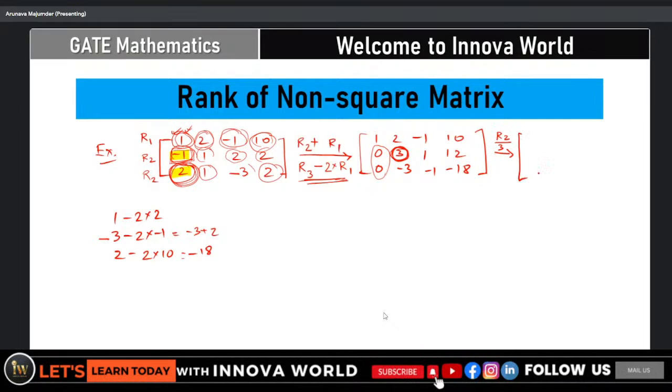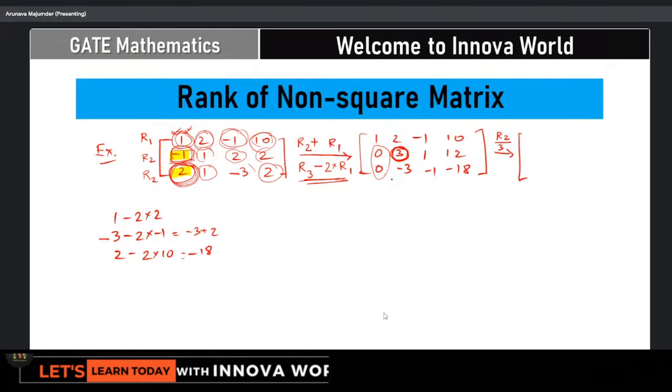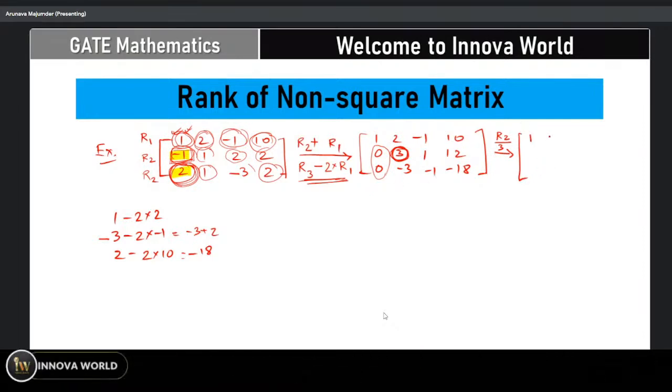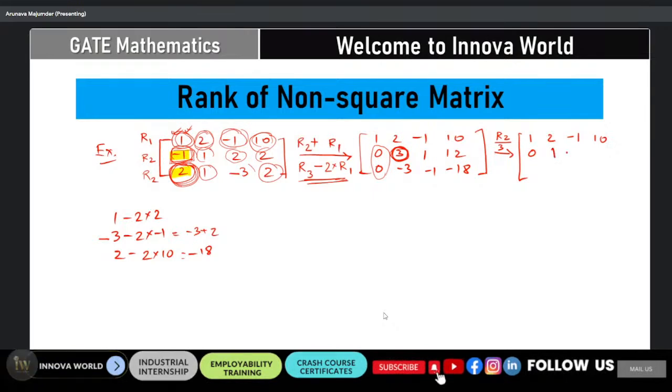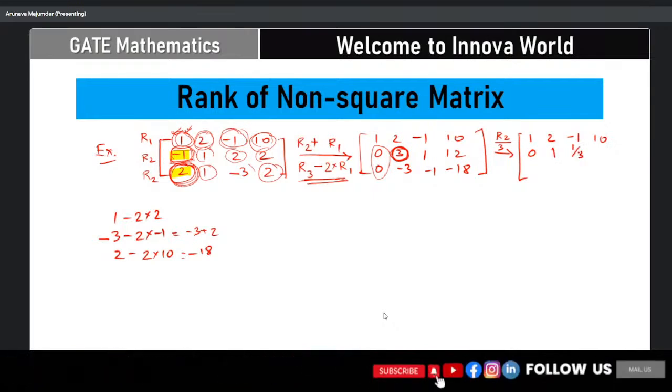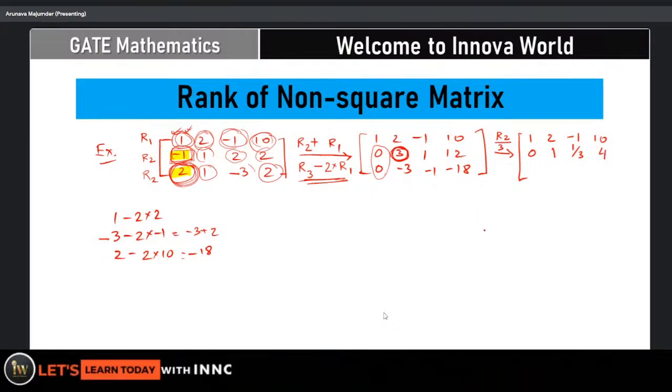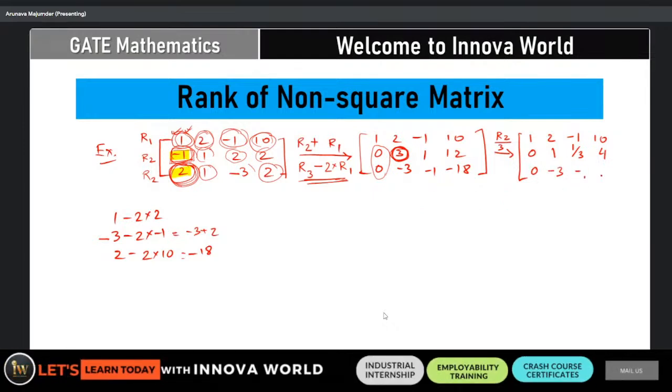By doing this, first and third row will be intact. 1 2 minus 1 10. Second row it is 0 1 1/3 and 12 by 3, so it is 4. Third row will also be intact. 0 minus 3 minus 1 and minus 18.